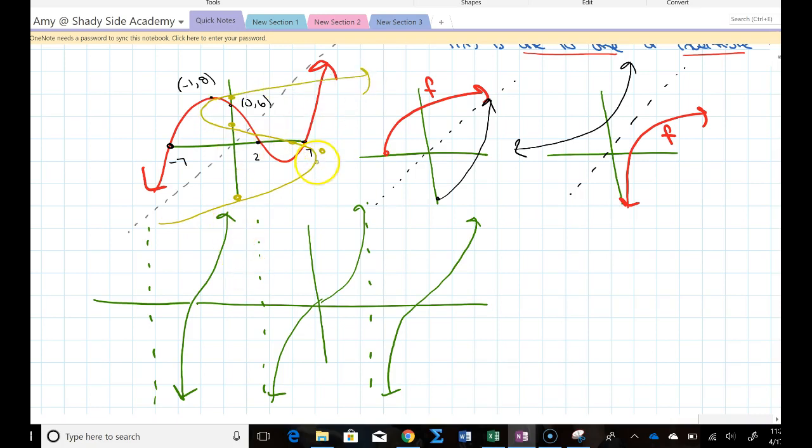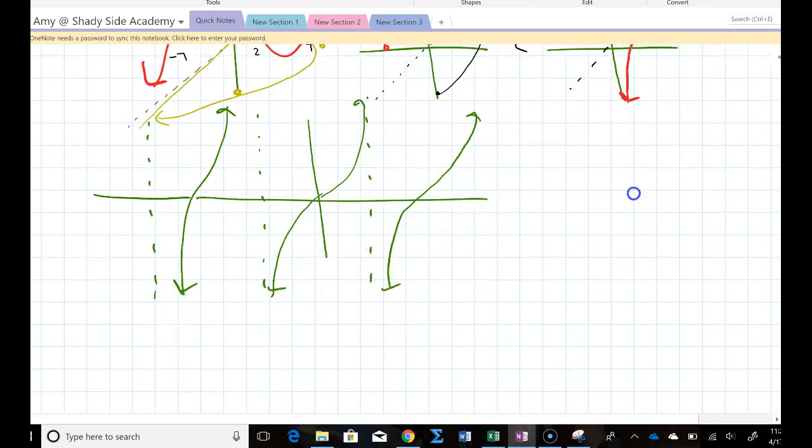Well, my art ability is not that great, but you can see how, with reasonable accuracy, if I take that red function f and fold it over the line y equals x, what I get is this citron color. The point here is that f is not invertible. f is not one-to-one. The reason why f is not one-to-one is because its inverse is not a function of x.